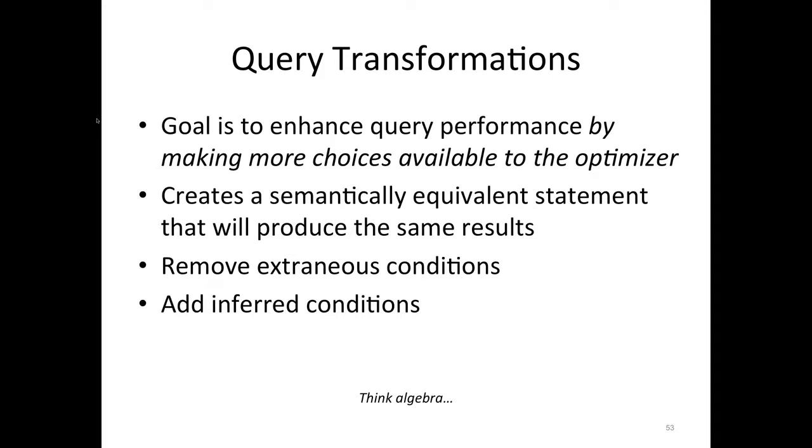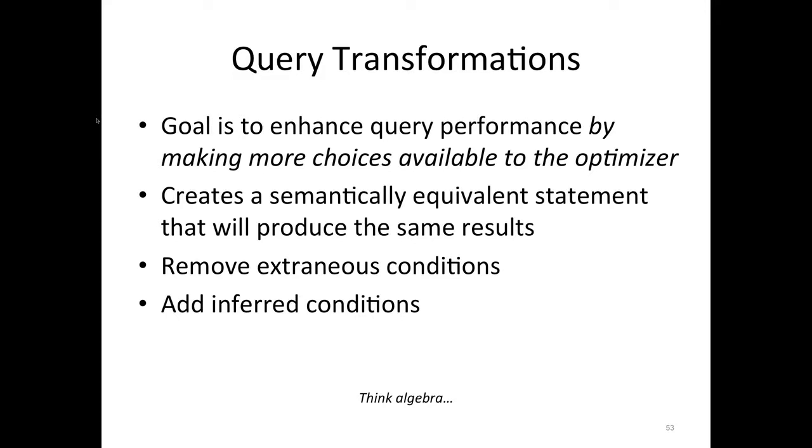Now, what it will do is it'll create a fairly equivalent statement, which as far as the semantics of the statement are the same, so that you get the same answer. In other words, it can't write the SQL so that it changes the answer that would be produced. As long as it gets the same answer, it can rewrite it however it wants to. It can do that by removing extra conditions.